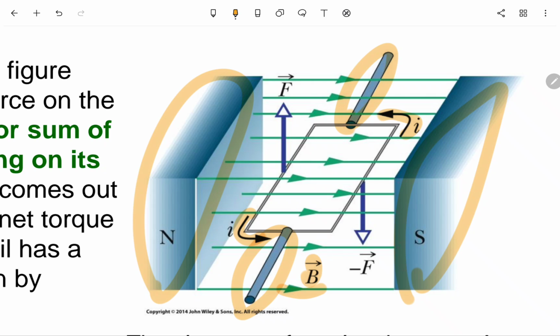So you need to distinguish what is clockwise and counterclockwise.